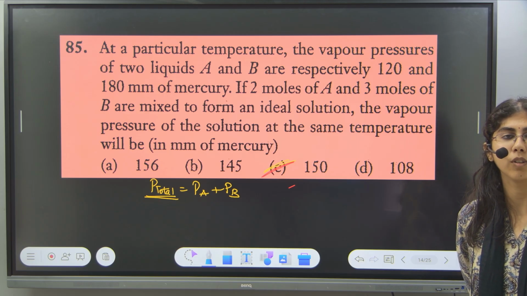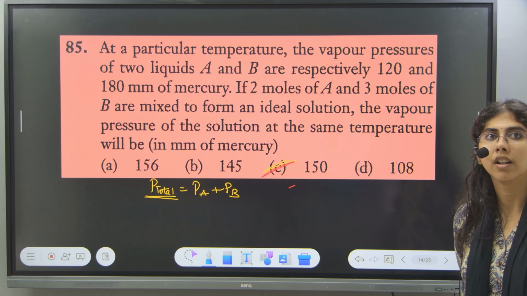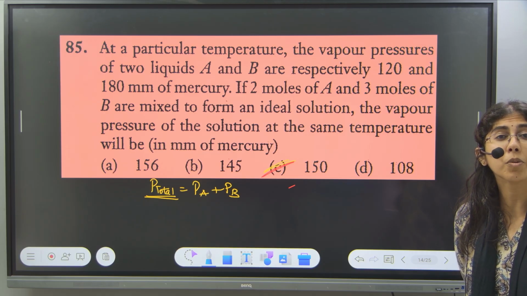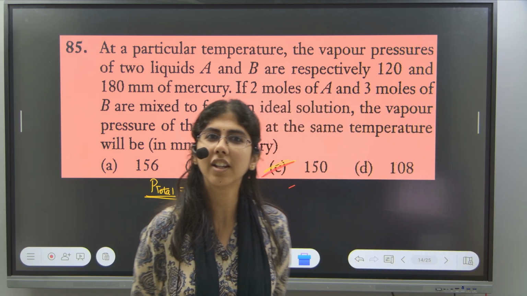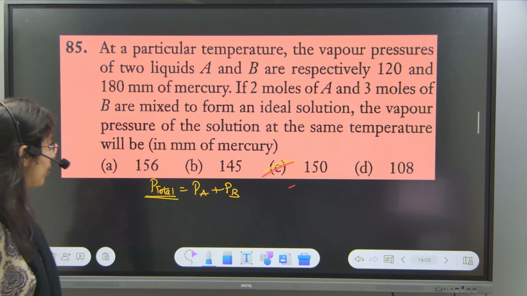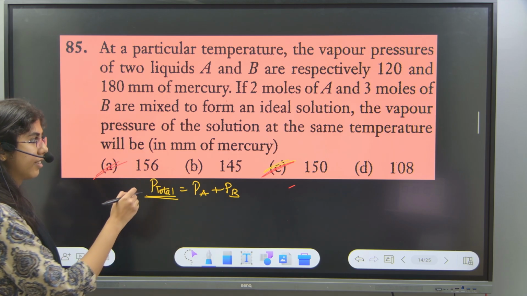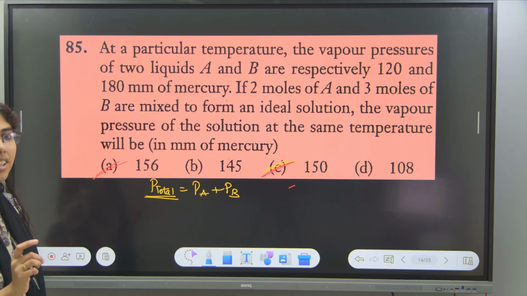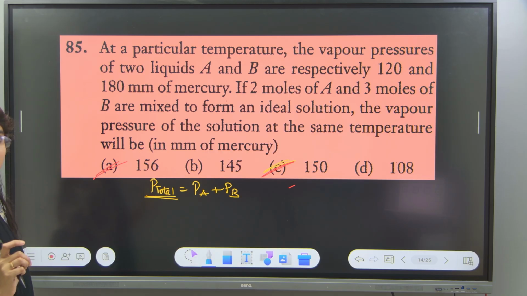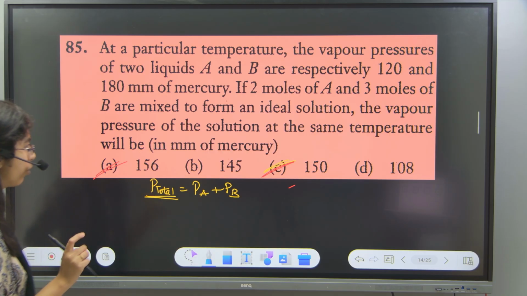Only C I'm getting, nobody else going with something. Option A? You're not audible properly. Option A. Okay, option A. Yes, Saint Joseph also. Option C, most of you are going with.